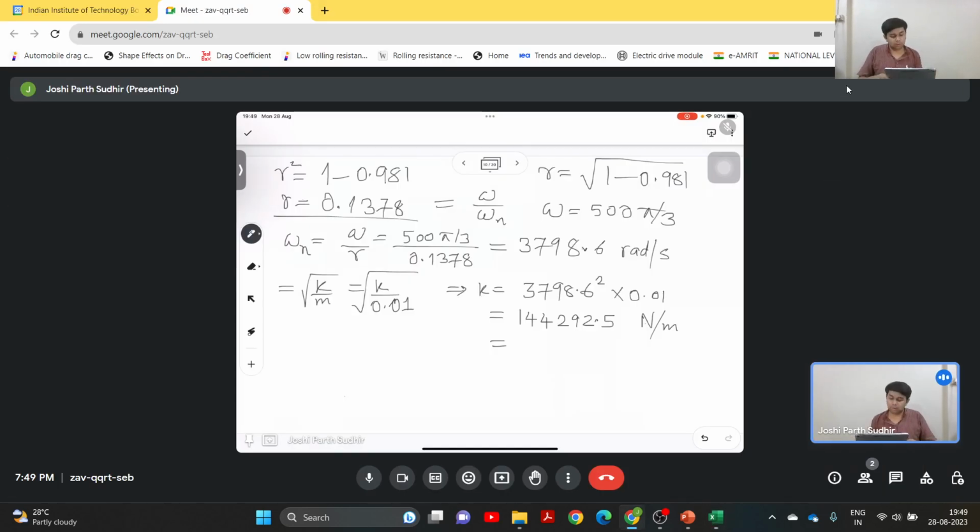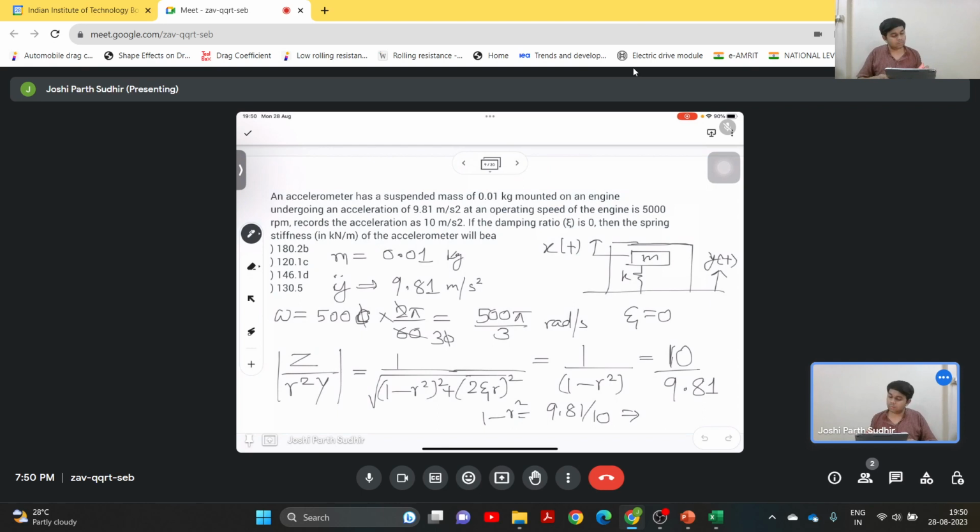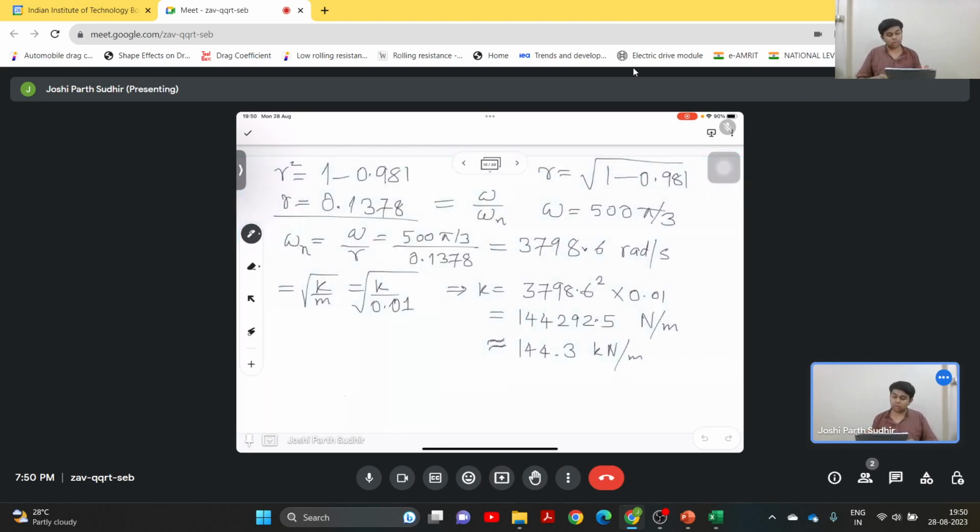The value of k is nearly 144.3 kilonewtons per meter. So if you look at the options, option C seems to be the closest one. So that is the correct answer, 144.3.